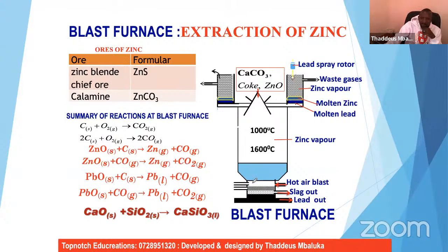And you can see now you get the zinc vapor, it is condensed, and when it is condensed, we'll be able to get two things here. The molten lead at the bottom, and you're also going to have the molten zinc, which is a little bit less dense, on top. So here, this is now the lead spray. These are the condensers that are found there.